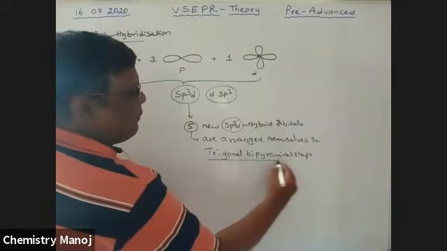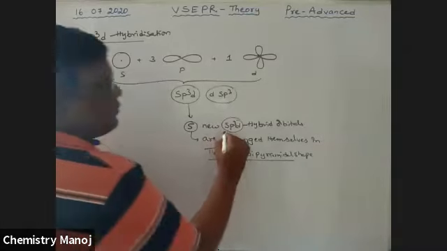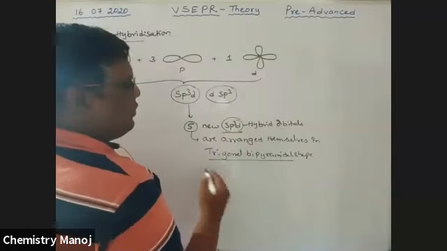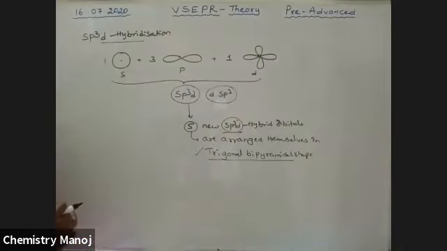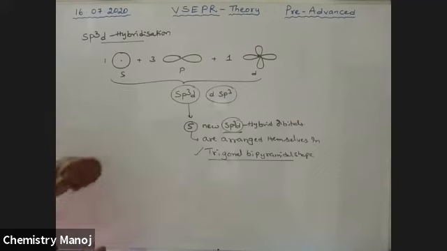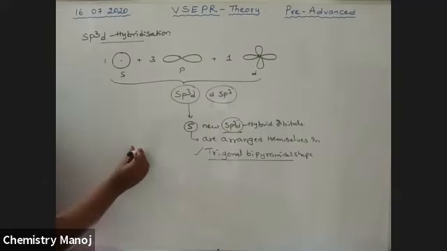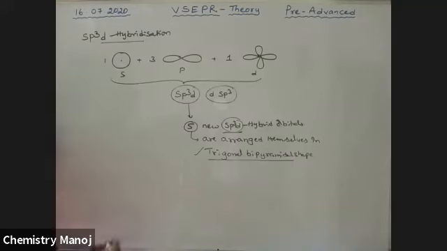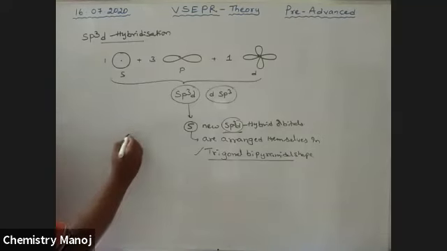Whenever sp3d hybridization is there, the shape of the molecule is trigonal bipyramidal. See here, total 5: 3 orbitals in the plane, 1 orbital above the plane, and another orbital below the plane. This is a trigonal bipyramidal shape.